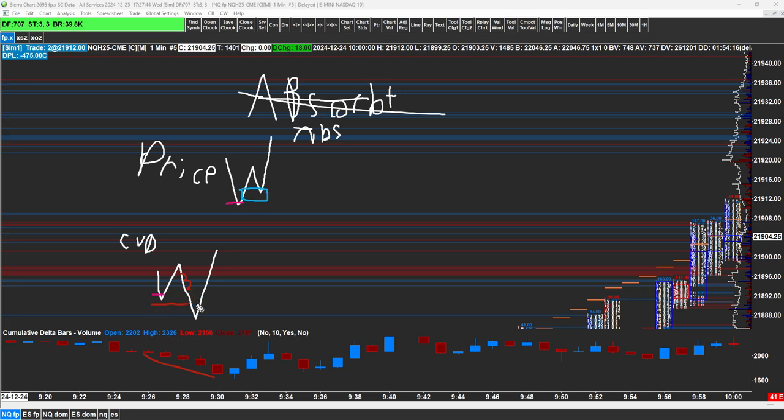All of this market selling is hitting into a bid, and that bid is right here, and it's able to absorb all this aggressive selling. We should be at this low, we should be down here, but we're not, because this passive buyer is absorbing. So that's absorption, that's literally just what it is in a nutshell.